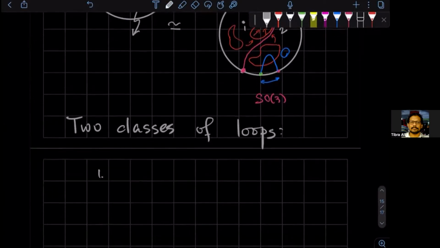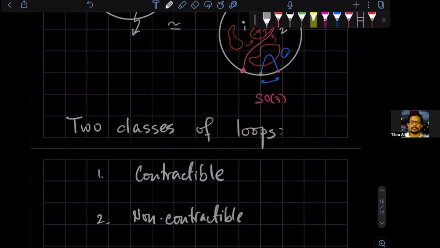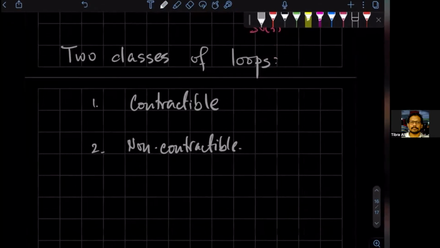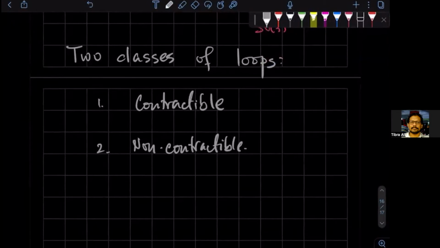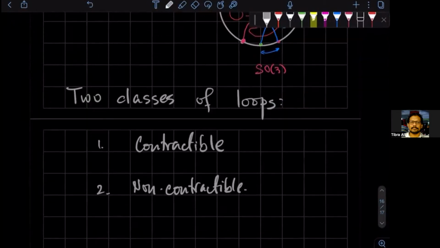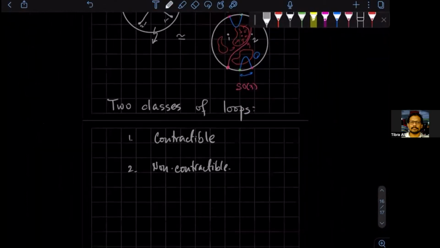Okay. Contractible and non-contractible. So this actually can be converted. The structure of the loop can be converted to an abelian group.